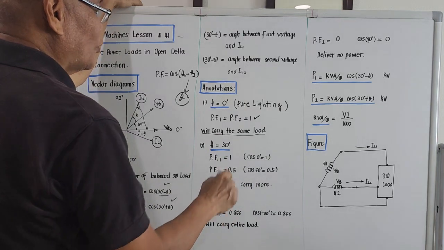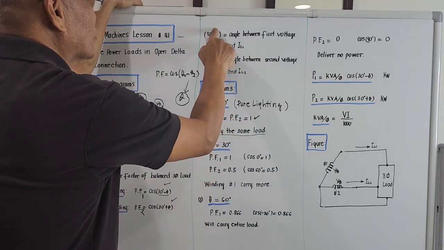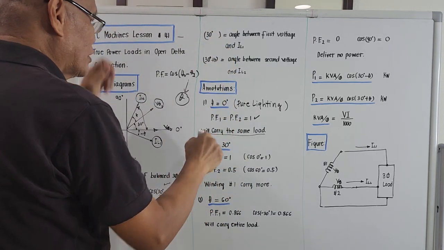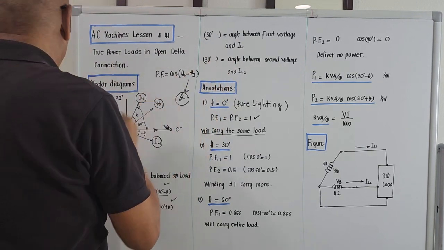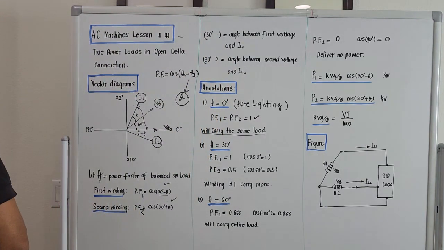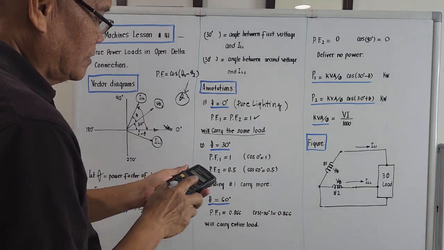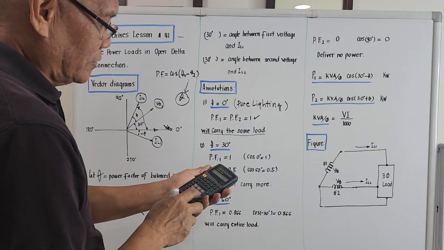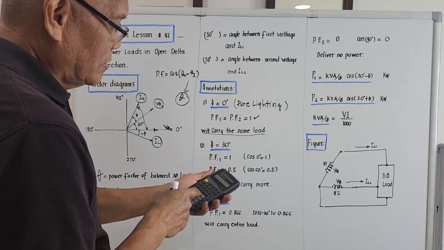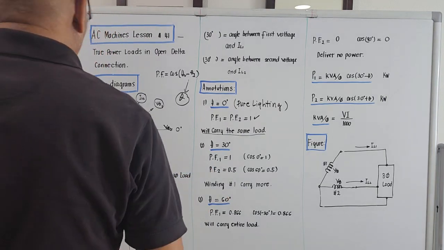Oh, I think it's not 1. It should be the cosine of 30 degrees. What's the cosine of 30 degrees? 0.866, right? I'm just checking. Oh, it's 0.866.